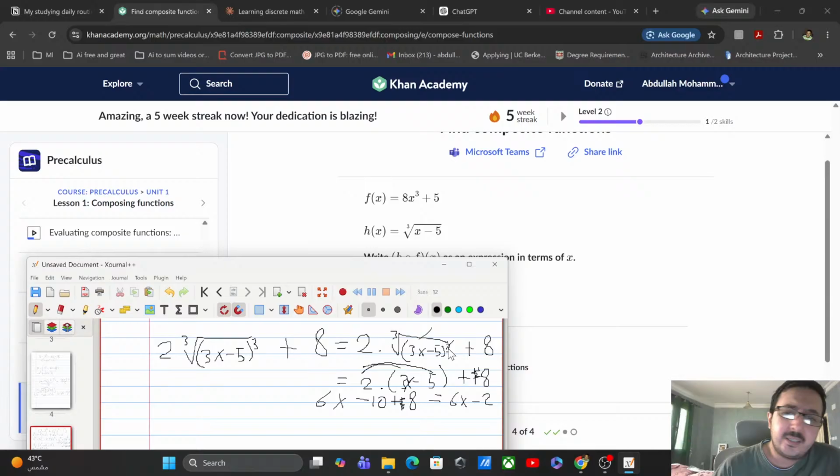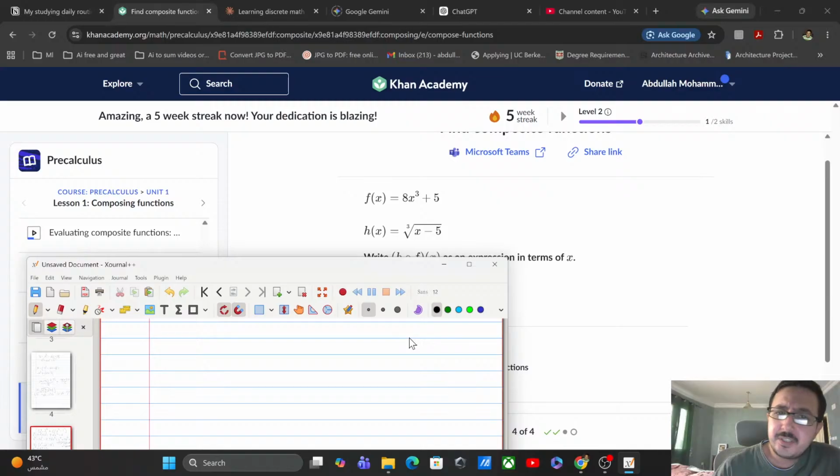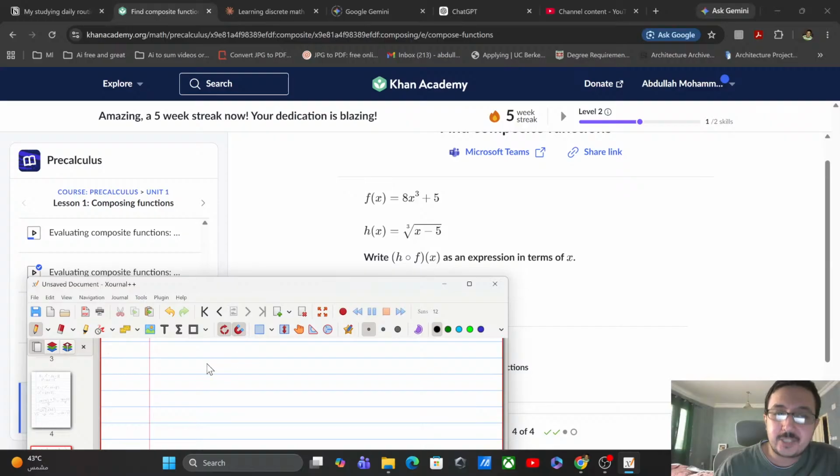Oh, this is not going to cut it. How are these testing my algebra? This is not Precalculus. This is actually testing your algebra as well. This is testing all your math. So h of x, again, the square root of 8x to the power of 3 plus 5, all minus 5. So what can we do?